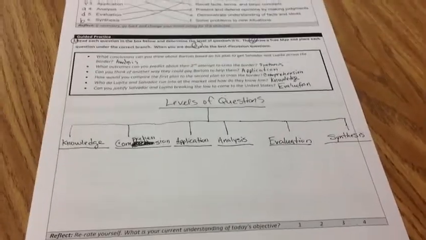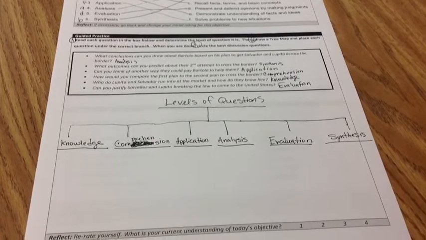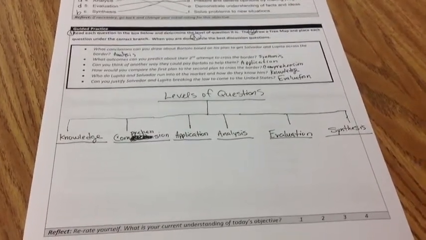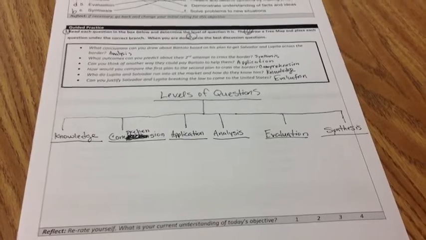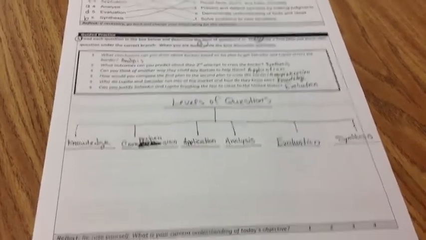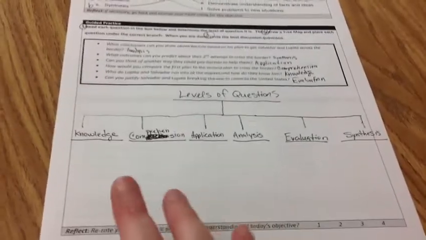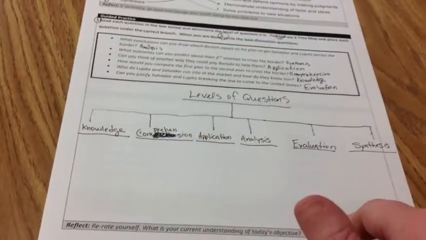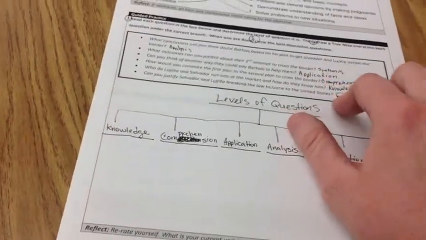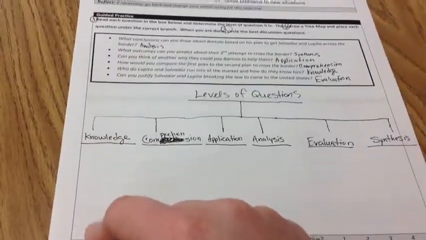Presto! All the levels of questions that you need to write down. Here are all my branches. I have knowledge, comprehension, application, analysis, evaluation, and synthesis. These are the 6 levels of questions. Now what we want to do is put each question under the correct level. We've already identified the level, so now you're just going to write the question.